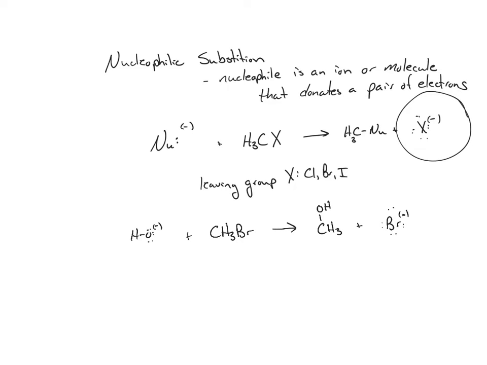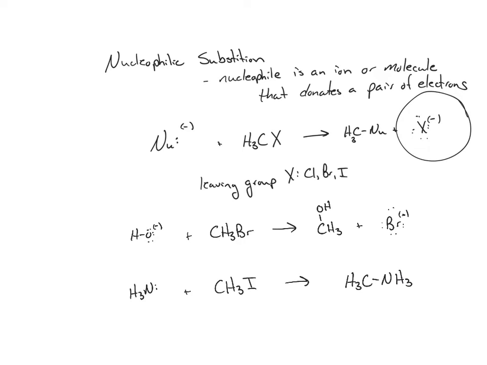Like it says, it doesn't have to be an ion. It could be a neutral complex, in this case ammonia. So let's switch up to CH3I. So in this case, iodine will be my leaving group. I'm going to substitute the iodide, in this case, for ammonia.